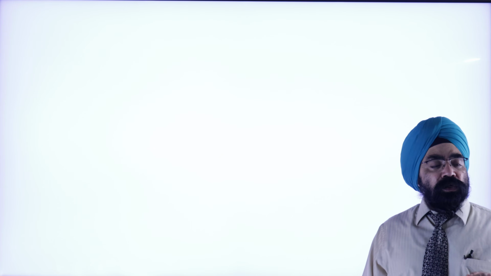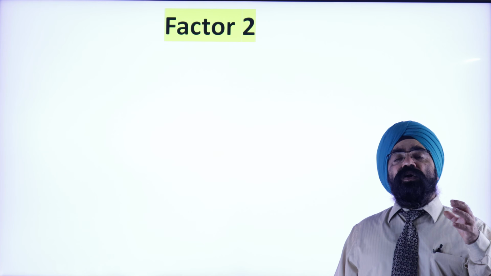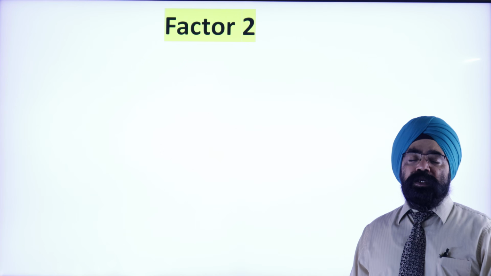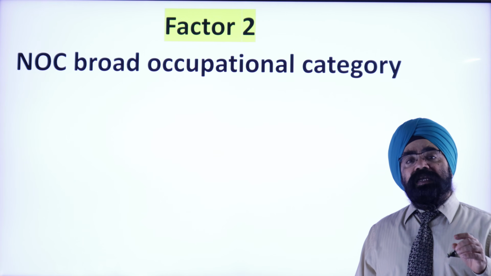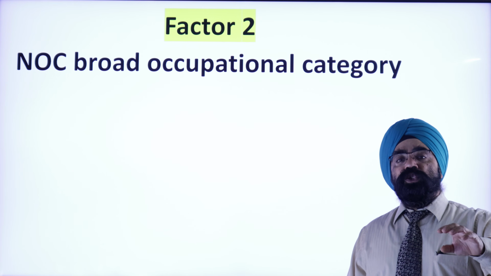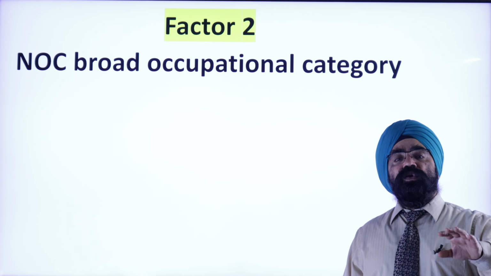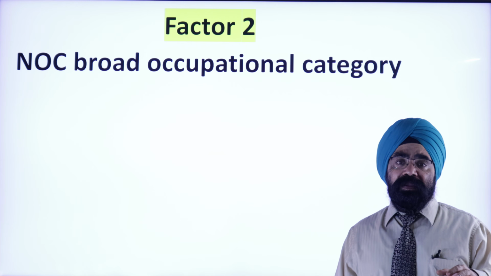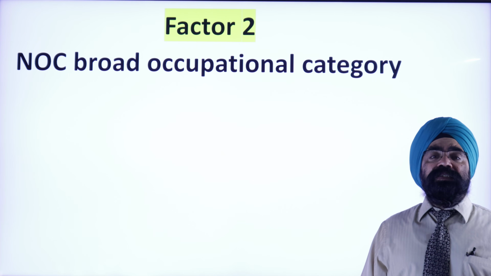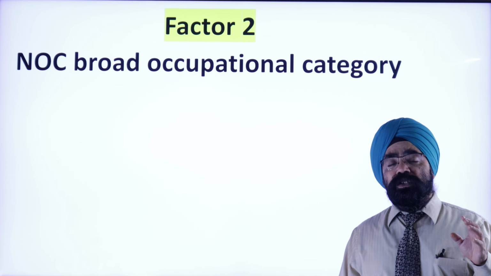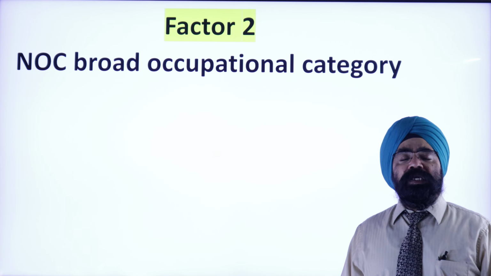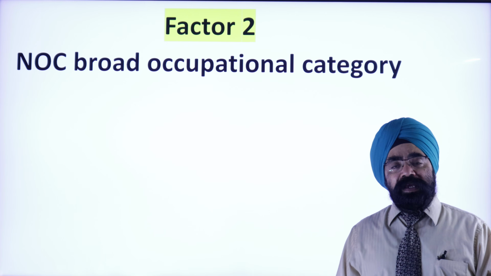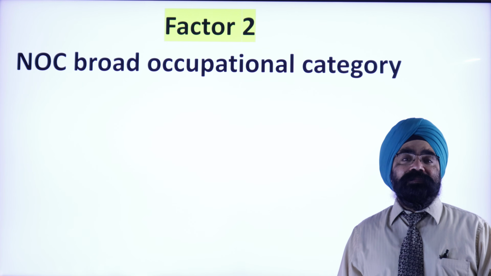Factor 2 is your broad occupation category, so-called BOC. This is the first digit of your NOC code, and there are 10 broad categories. The highest points are awarded to healthcare, which starts with 3. Anyone who has a NOC code starting with 3 will get 10 points.